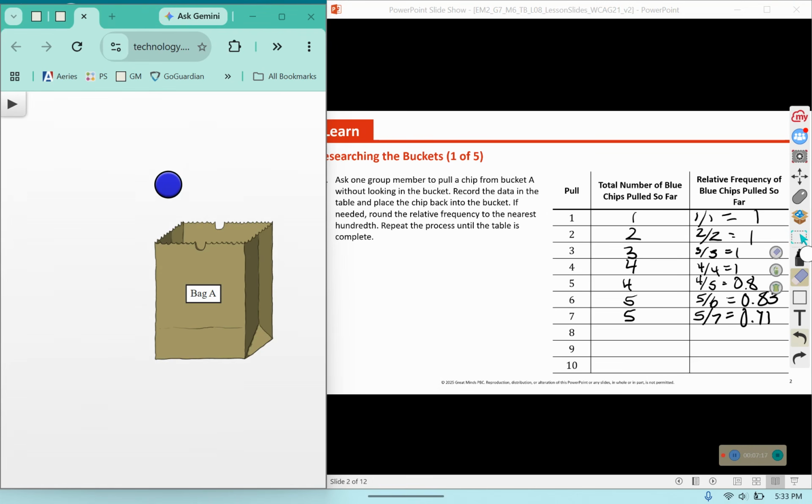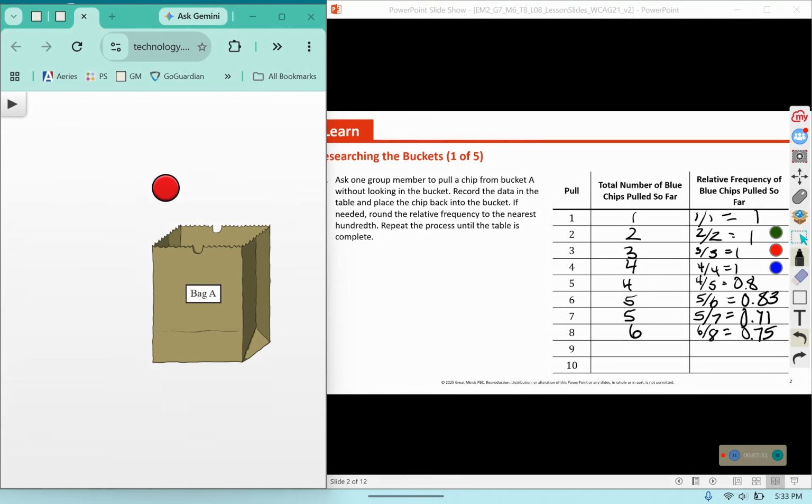There's the 6th blue. 6 divided by 8, which is equal to 0.75. Here we have still 6. 6 out of 9 is equal to 0.6 repeating.